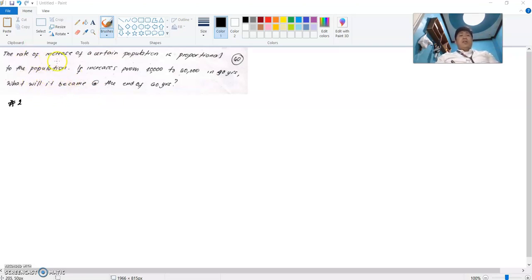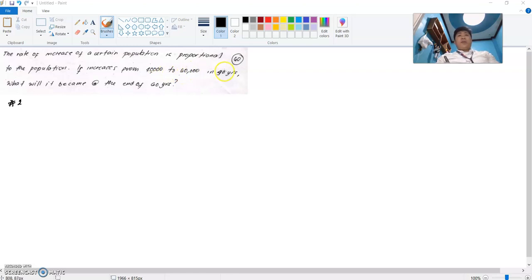Here, the rate of increase of a certain population is proportional to the population itself. If it increases from 40,000 to 60,000 in 40 years, meaning within just 40 years the population was added with 20,000.